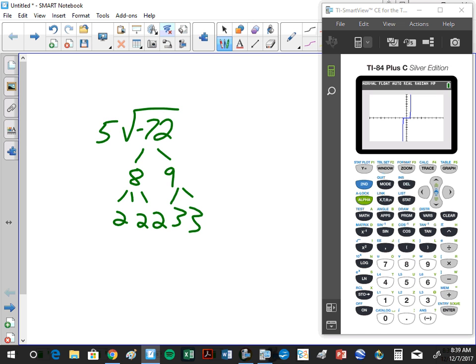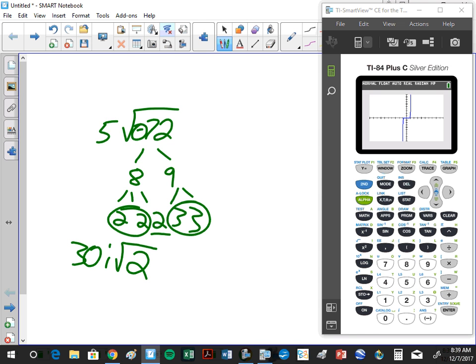What can I bring out? A set of 2's and a set of 3's and an i. So what's going to be on the outside? There's already a 5, so 5 times 2 would be 10, times 3 would be 30, and then the i, and then the square root of the only thing that's left, which is 2.